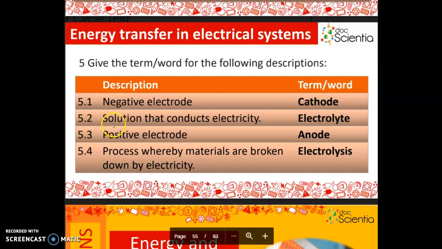Now 5.2, the solution that conducts electricity. The electrolyte. 5.3, what is the positive electrode? The anode. 5.4, process whereby materials are broken down by electricity. The electrolysis.